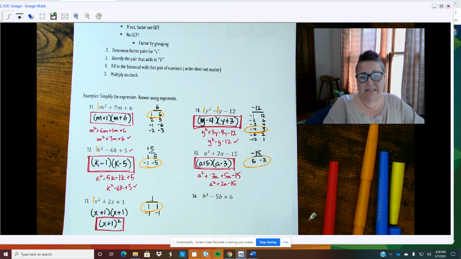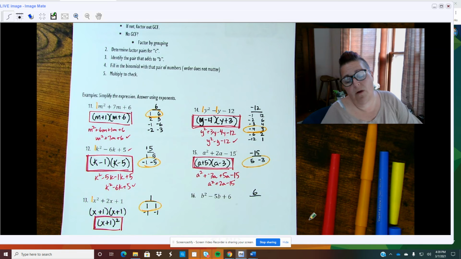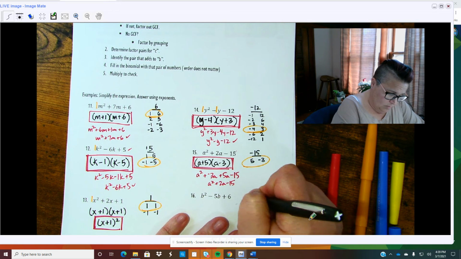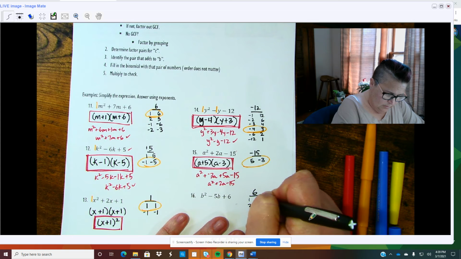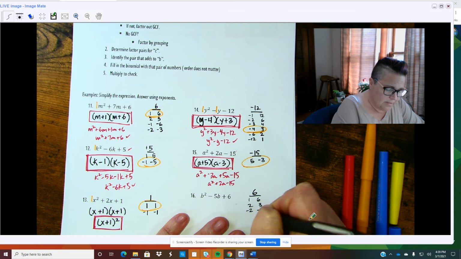With number 16, I have a positive 6. And I want the factor pair that adds to be a negative 5. My brain is going to 2 and 3 right away. I think that'll work. But I'm gonna do a 1 and a 6, a 2 and a 3. Nope. I need a negative 2 and a negative 3. That's what I need.